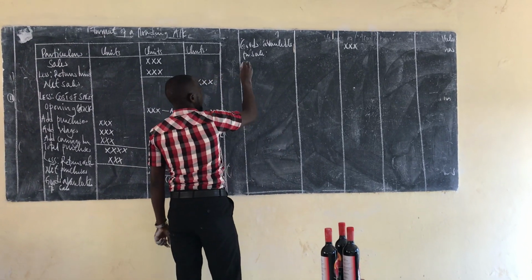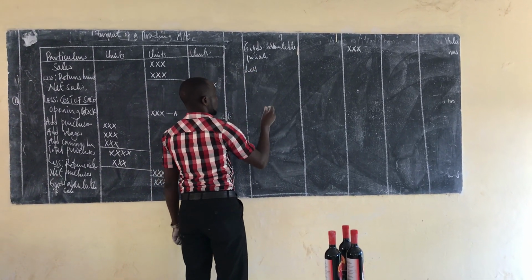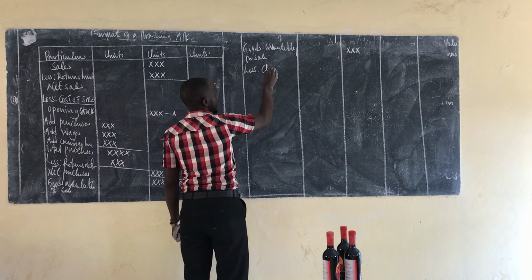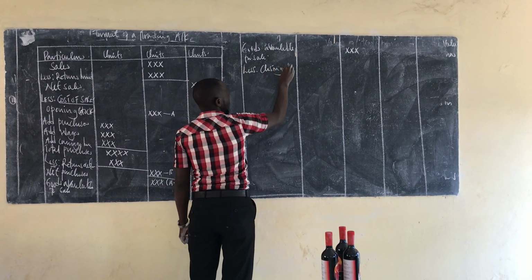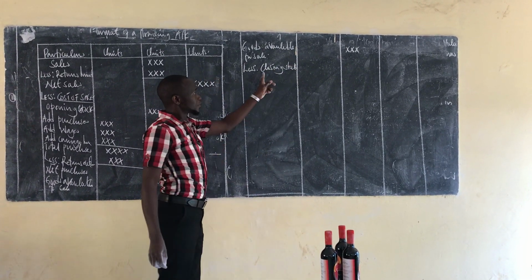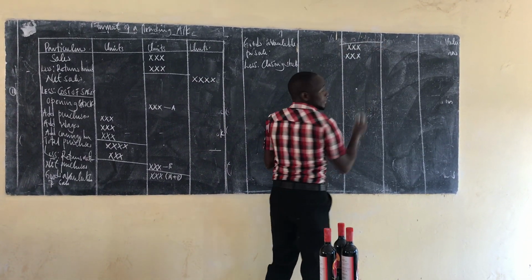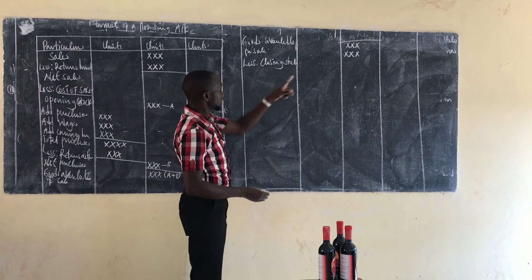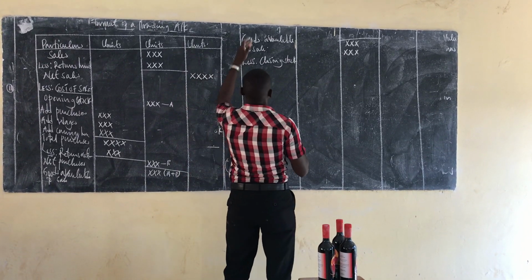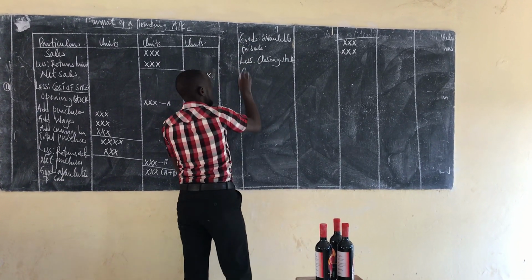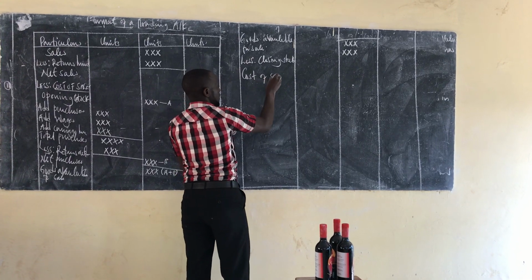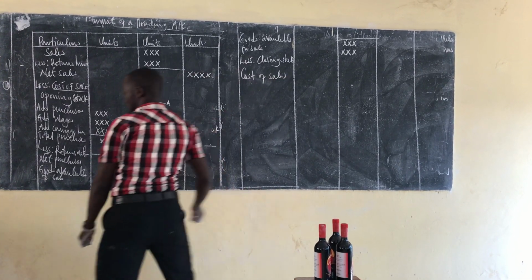What you do, you say less closing stock. When you less closing stock, you're subtracting it from goods available for sale. And when you subtract off closing stock, then you get cost of sales. I'm going to make it a little bit clear here.